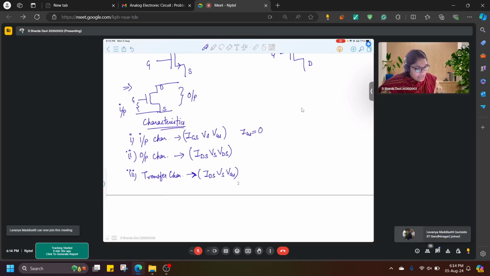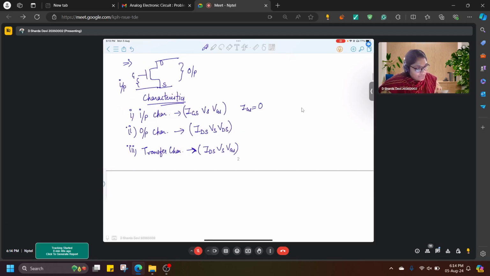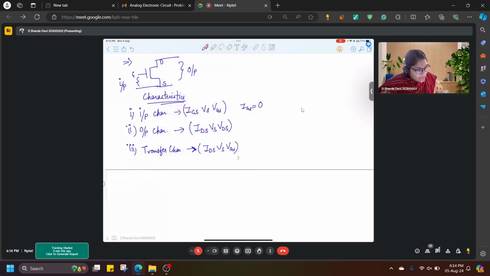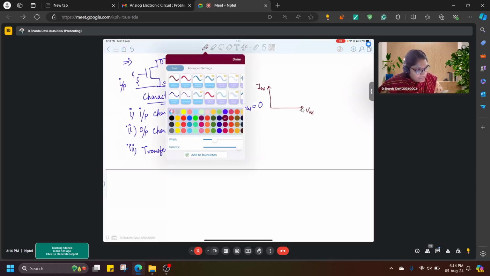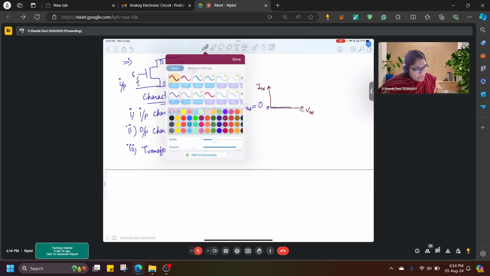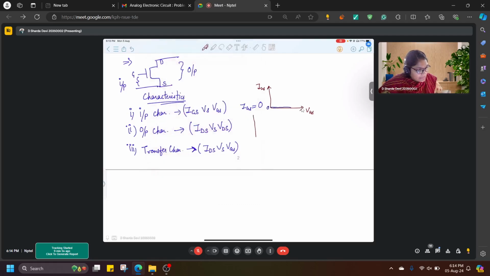That means the input characteristics, IG versus VGS, will always be zero. Correct? So this is the input characteristics. Now talking about output characteristics.